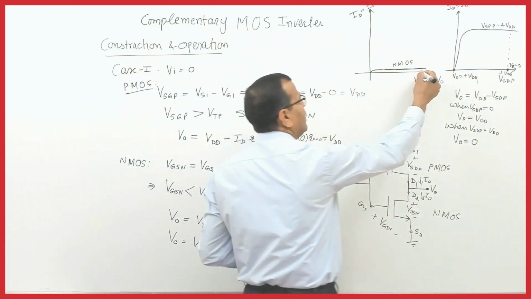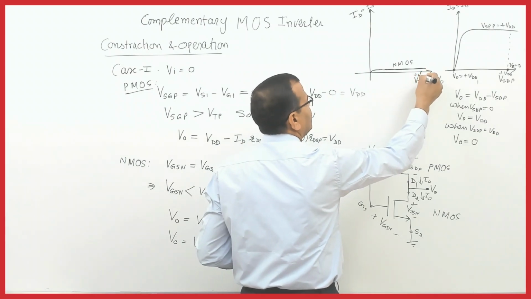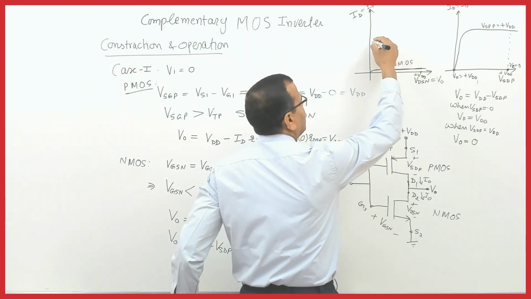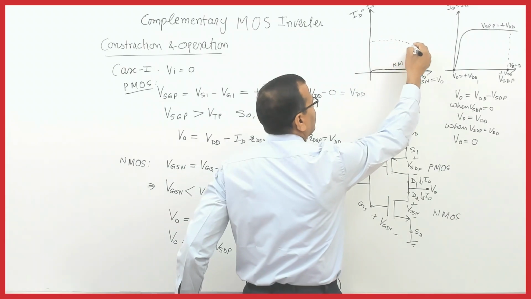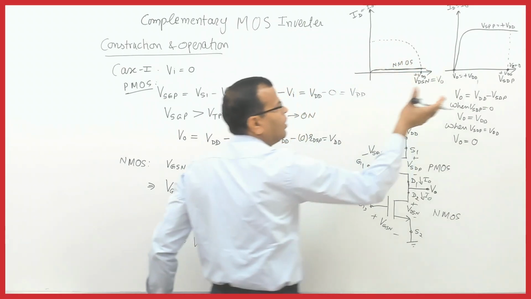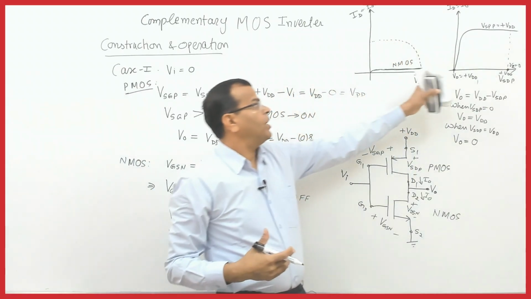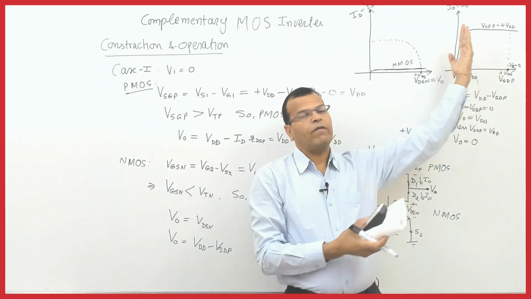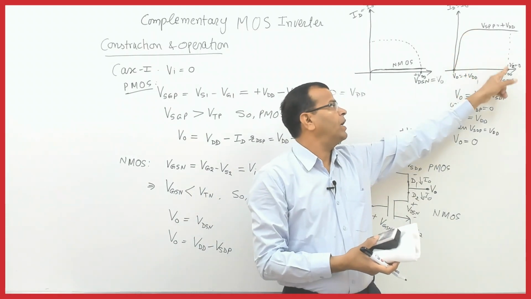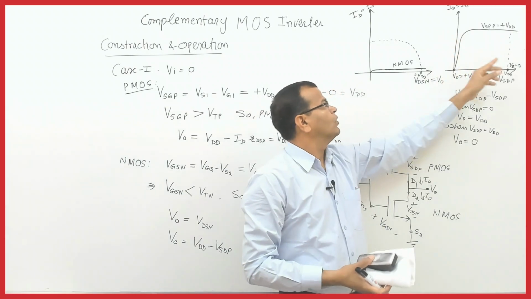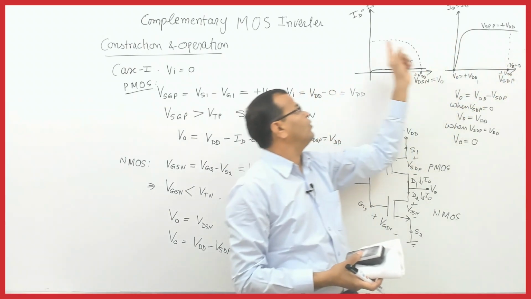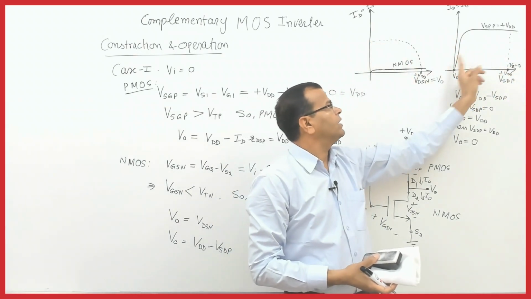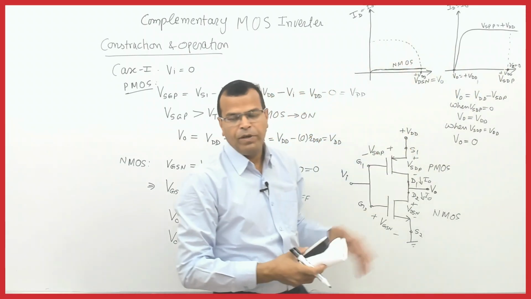So somewhere here, maybe this may be plus VDD here. So that means the characteristic of PMOS will be a mirror image. It will be going backward like this. This point will be here and this point will be here. When this point is shifted to origin, and this point is shifted here, the characteristic will be like this.